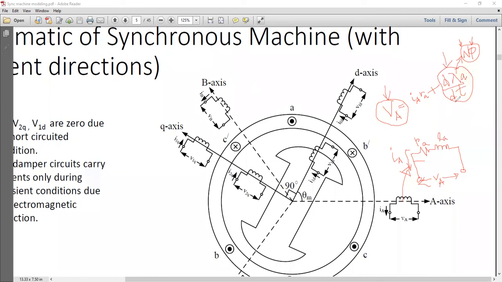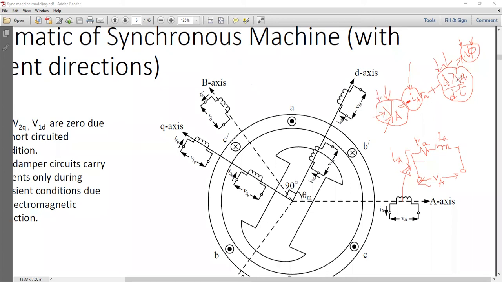So what should we do here? We can change the sign simply to make these things valid. Remember, current coming out of the stator coil is taken as negative. We agreed with that; this is the convention we are going to follow. Because this is current coming out of the coil, we will place a minus sign here. Now it is solved. This is the output voltage VA, and this should be lower than the induced voltage.